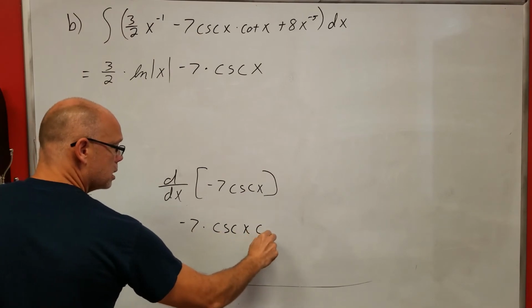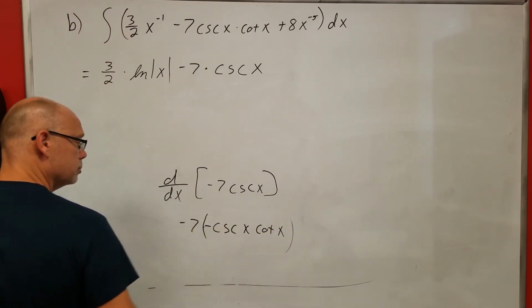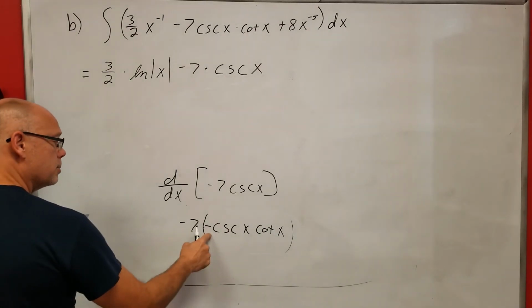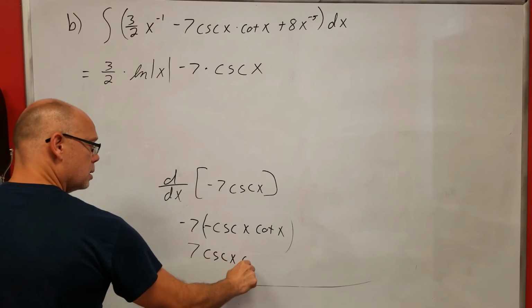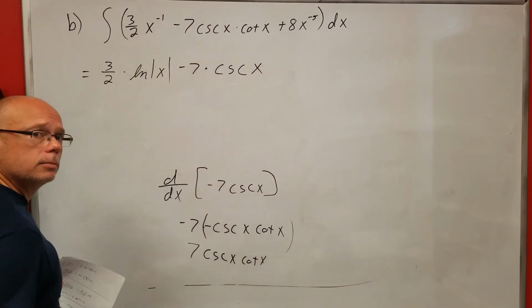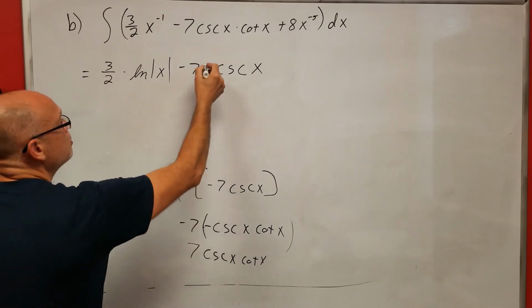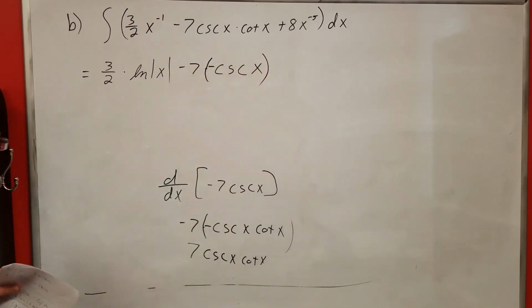Negative cosecant times cotangent, right? What's a negative times a negative? That'd give me positive 7 cosecant of x, cotangent of x, right? But I got negative 7. So what do I need to do here? I need to put an extra negative right here, so it'll come out right.